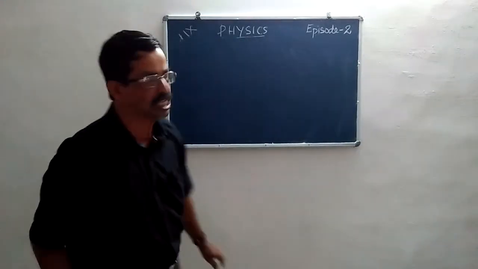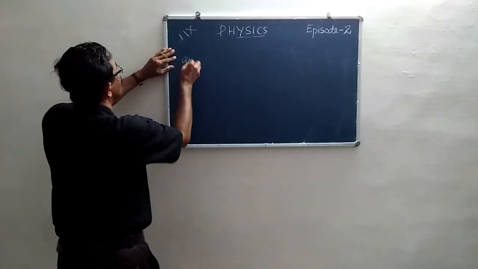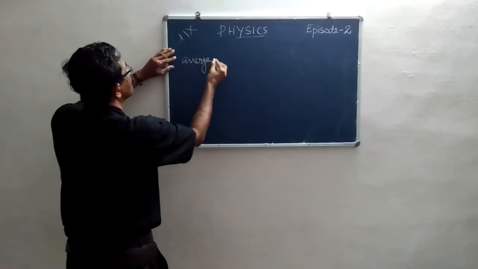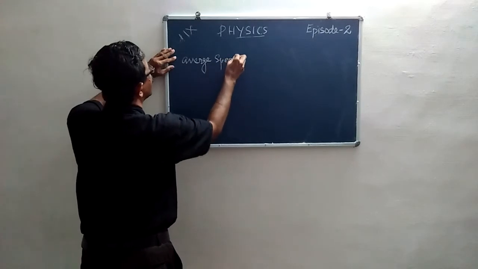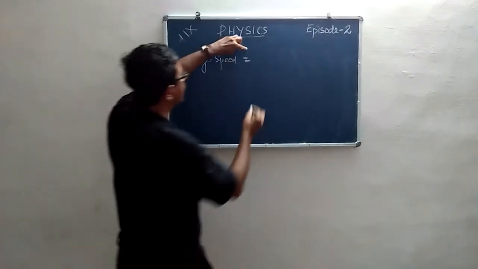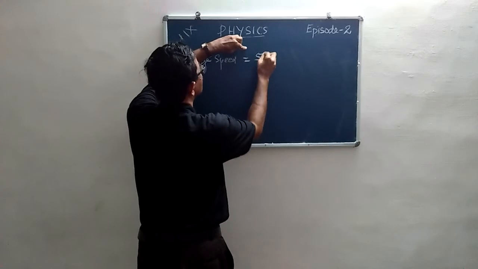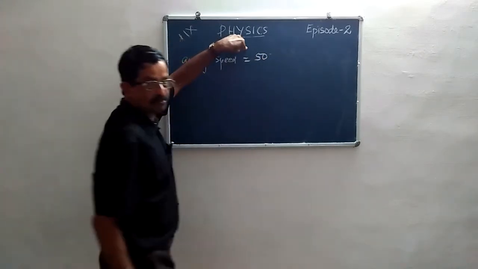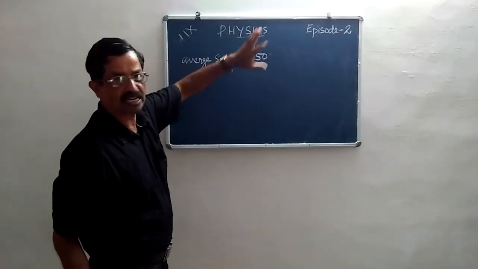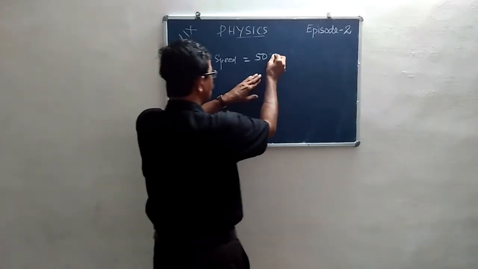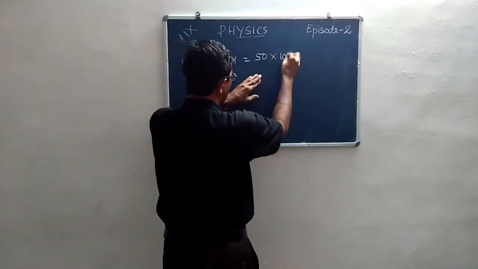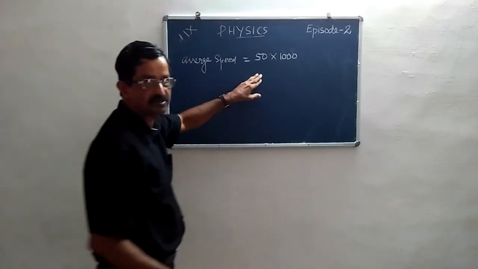See here, average speed is equal to 50 kilometer per hour. This 50 kilometer we are going to convert into meter by multiplying with 1000.